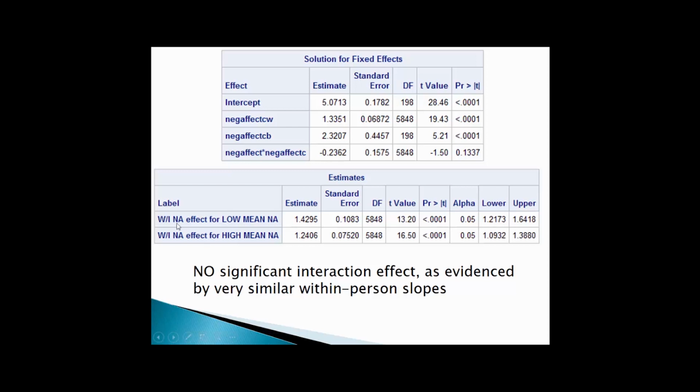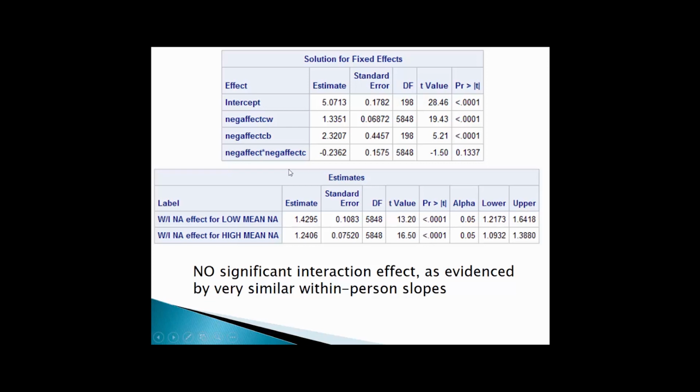Okay, and if we do simple slopes and we estimate, what's the within-person effect for a person that is less grumpy, what's the within-person effect for a person that is more grumpy, we can see that they are significant within-person effects for both the non-grumpy and the grumpy individuals.